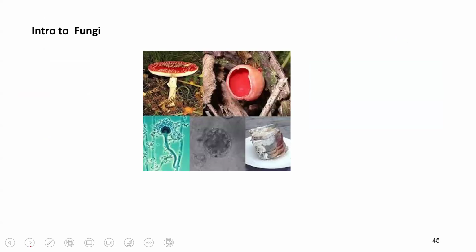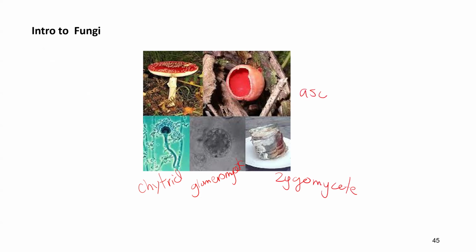All right, that takes us to fungi. And we said in fungi, we have 5 groups. We have chytrids, glomeromycetes, zygomycetes, ascomycetes, and basidiomycetes. All fungi are heterotrophs that absorb their nutrients.